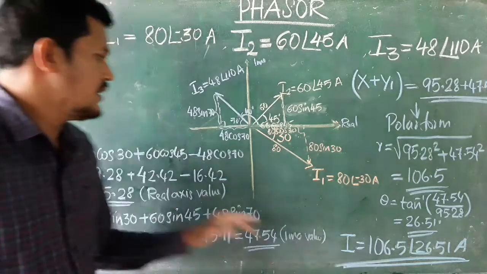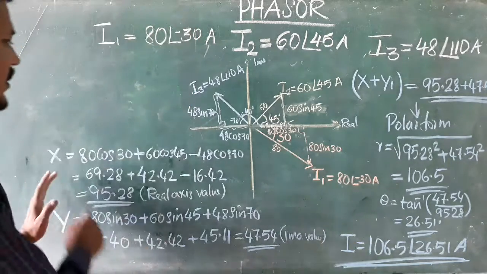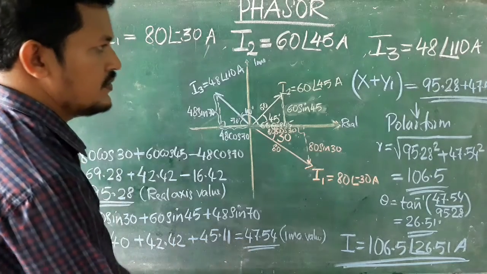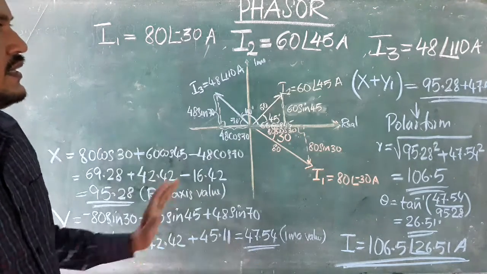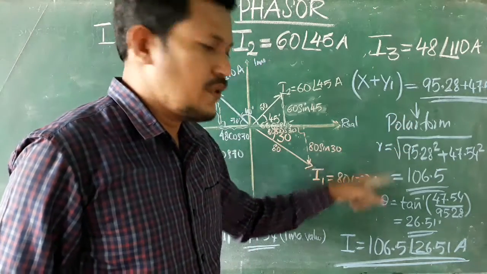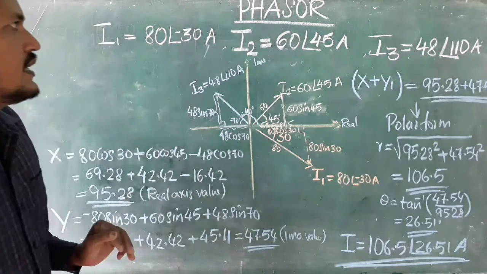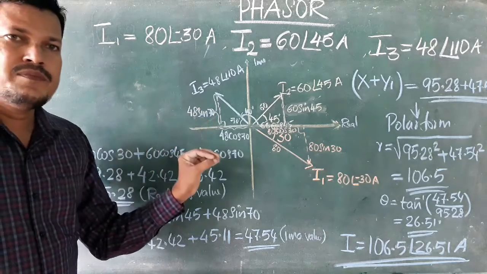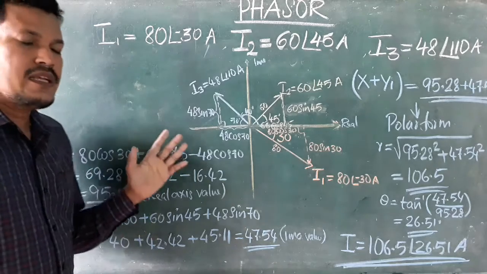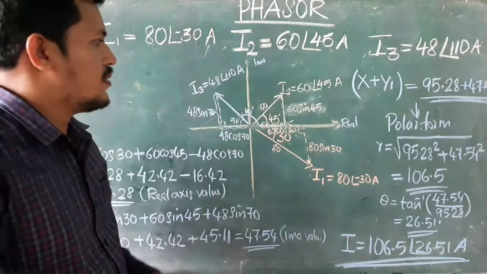Here we are finding directly the real axis value and imaginary axis value, then writing in rectangular form, and then converting rectangular form into polar form. So it's a method of calculating total current in polar or complex form. We can do the problems in the earlier case or through this case, no problem.